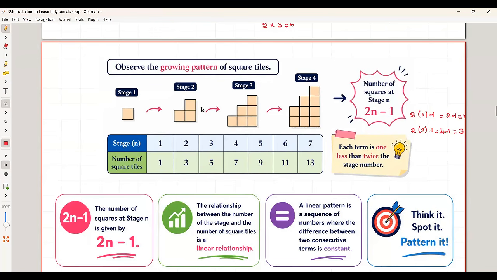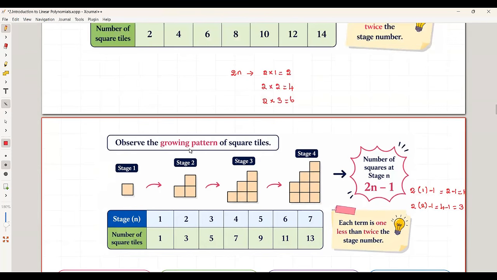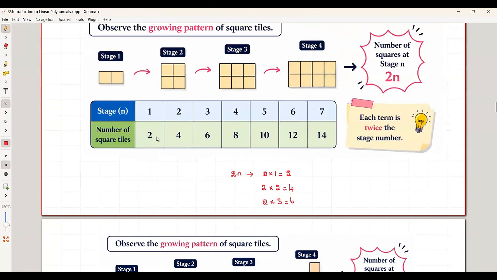The pattern for odd numbers 1, 3, 5, 7. Here one thing you can notice for both. Each term is getting increased by a common number, right? Here the number is increasing by 2.